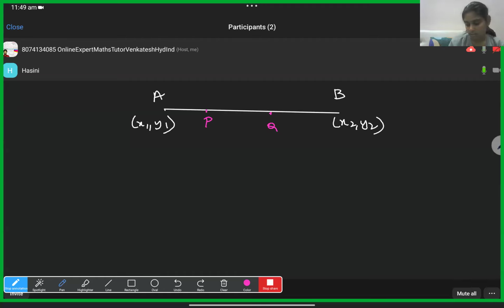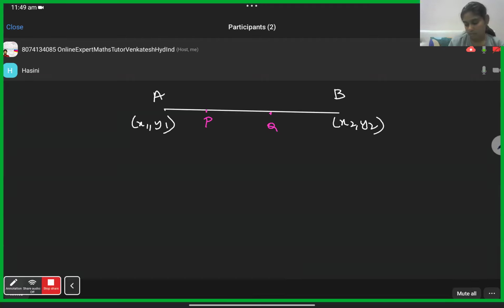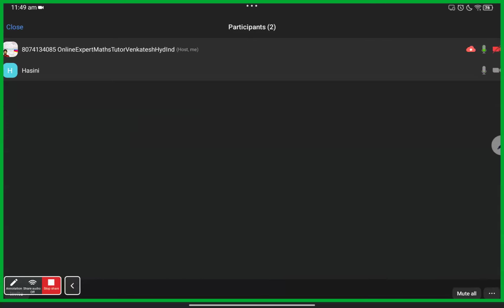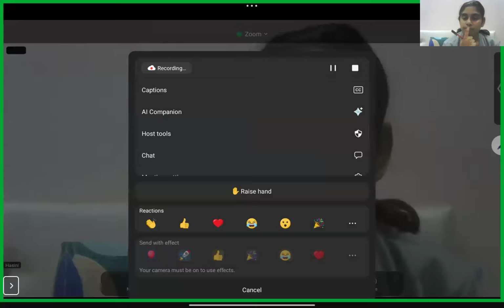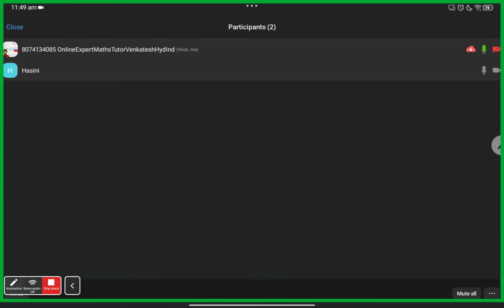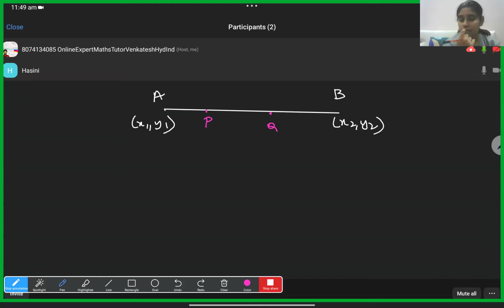Now what I will do is count how many parts are there on this line segment. One part is AP, AP is one part.